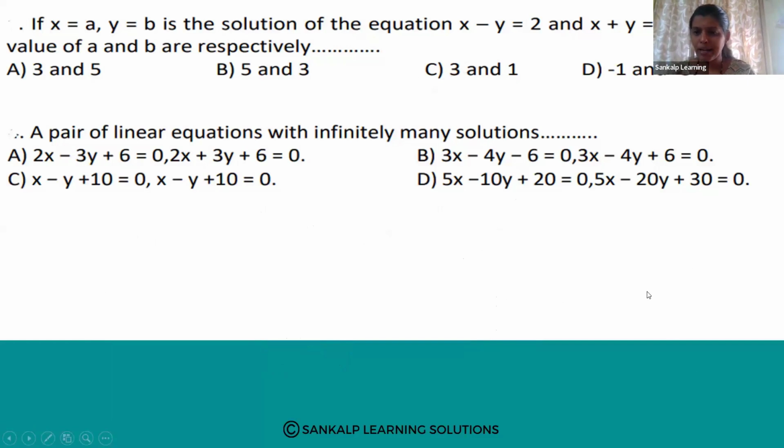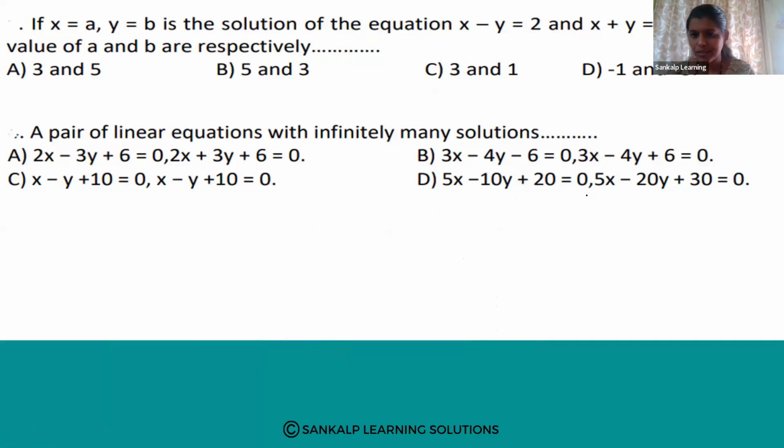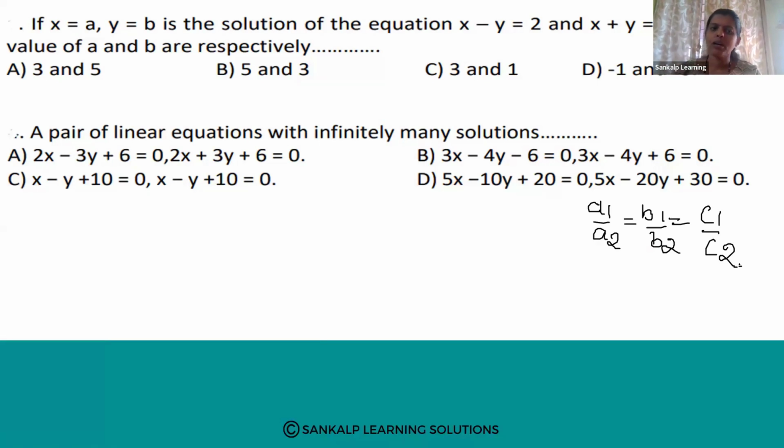When the lines are coincident, A1 divided by A2 is equal to B1 divided by B2 is equal to C1 divided by C2. All the values come the same. At that time, the pair of linear equations has infinitely many solutions.